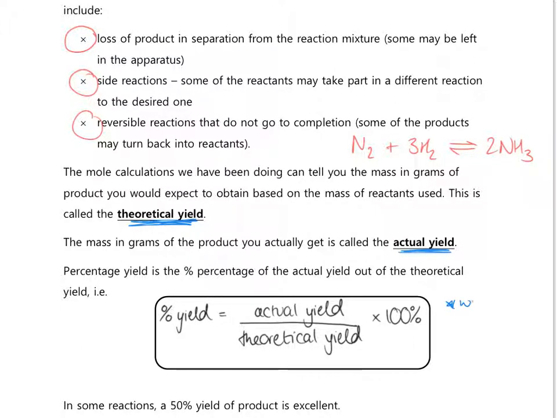You might want to make a note of that. It will always be less than 100%, because your actual yield is always going to be smaller than your theoretical yield. So make sure your percentage yield values aren't over 100%. If they come out that way, you might have got your equation the wrong way round.